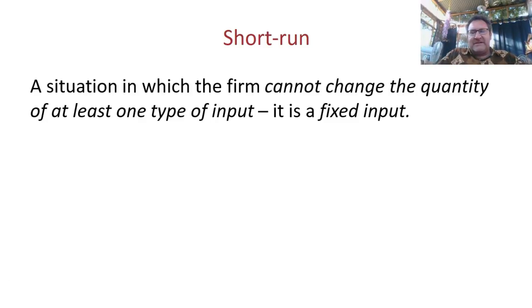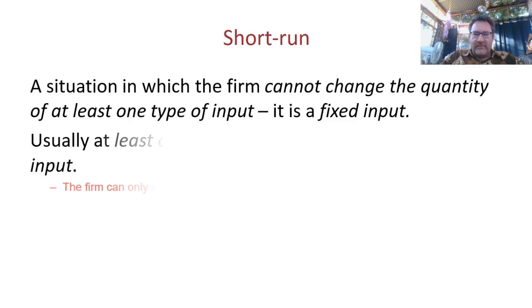So let's go back to our t-shirt manufacturer. In the short run, we might say that the t-shirt manufacturer can't change the size of the factory that they have or the number of machines in that factory. We would say this is fixed. These are the fixed inputs.